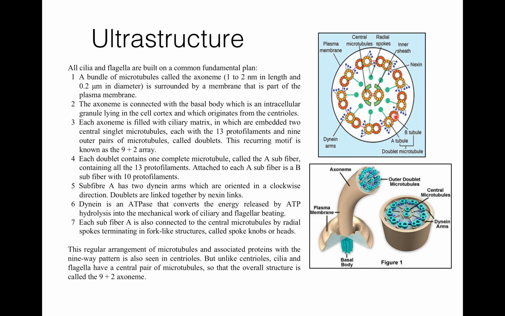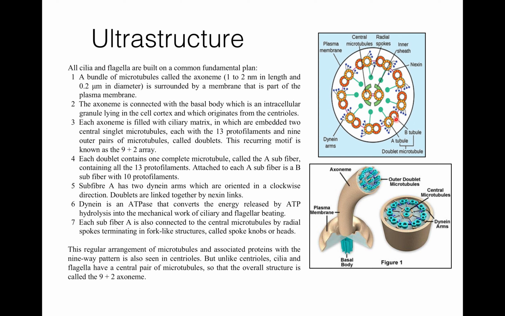Each subtubule gives a radial, inward-directed thickening called the radial spoke. So there are 9 radial spokes, and they end near the central sheath.